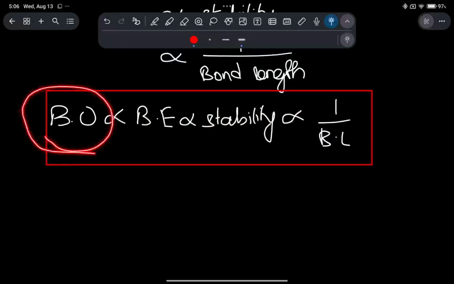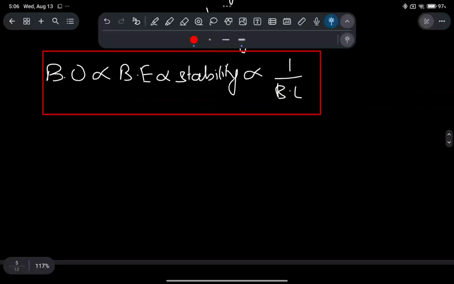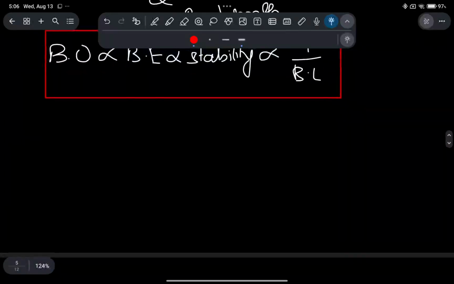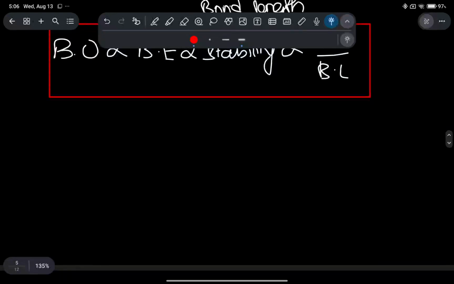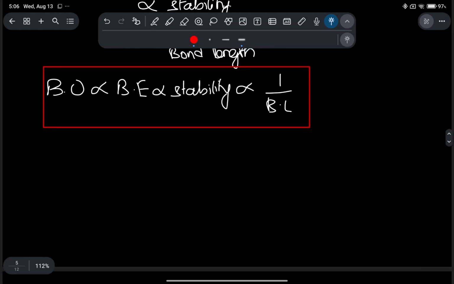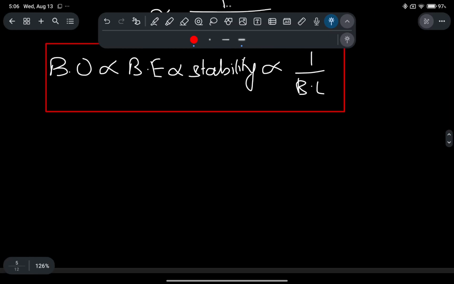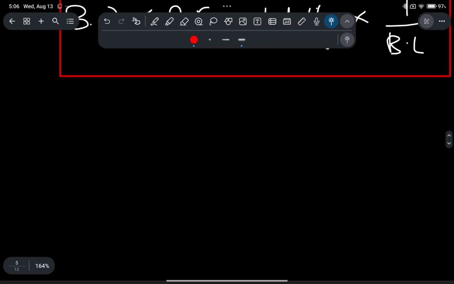If bond order increases, bond length decreases. So how do we find the bond order? There is a small trick for the bond order and bond energy. I will explain it.